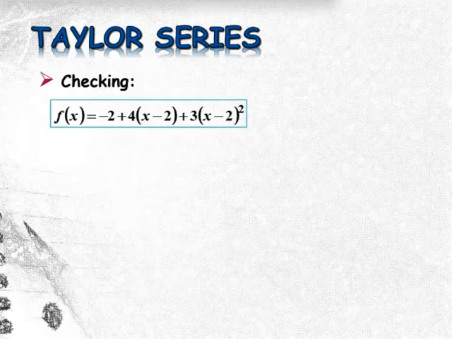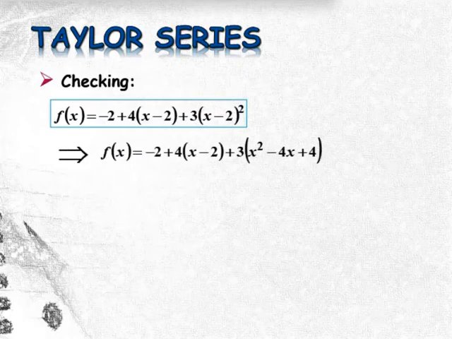So f of x equals negative 2 plus 4 times (x minus 2) plus 3 times (x minus 2) squared can be simplified. F of x equals negative 2 plus 4 times (x minus 2) plus 3 times (x squared minus 4x plus 4). That is the expansion of (x minus 2) squared.